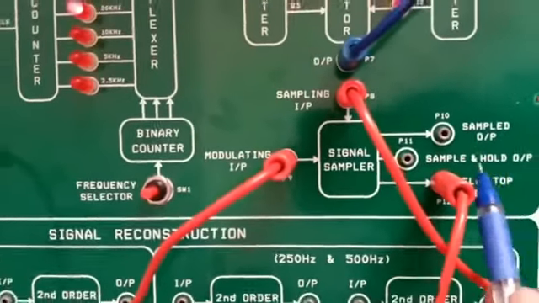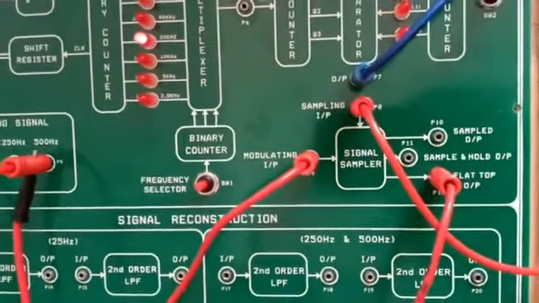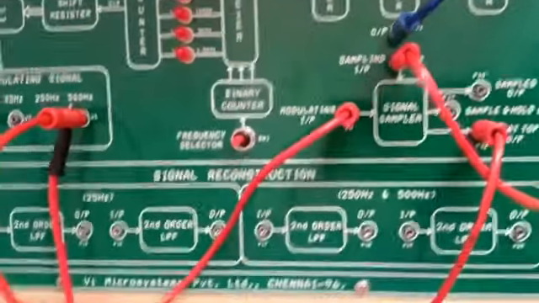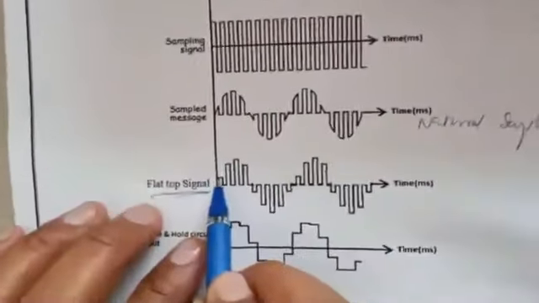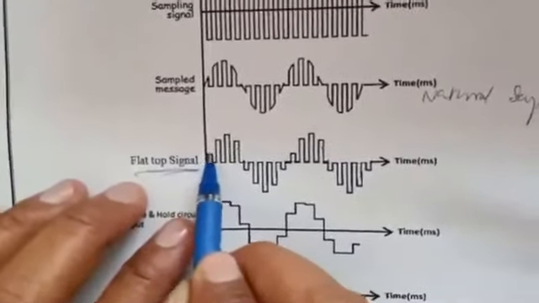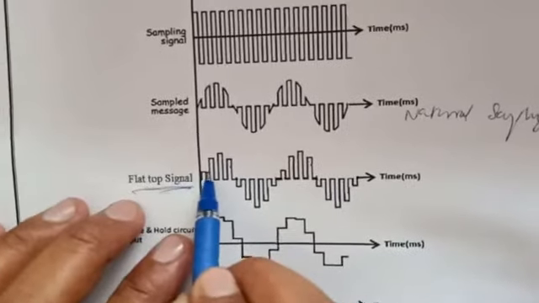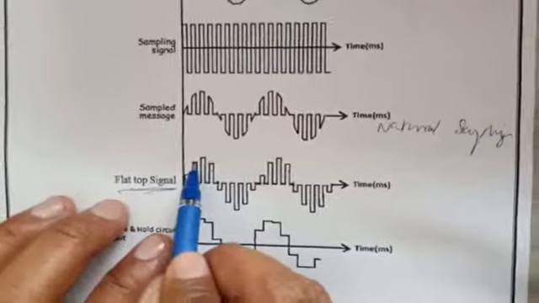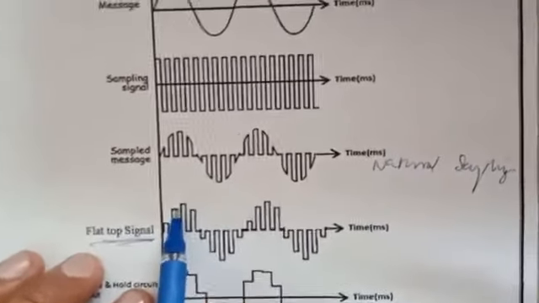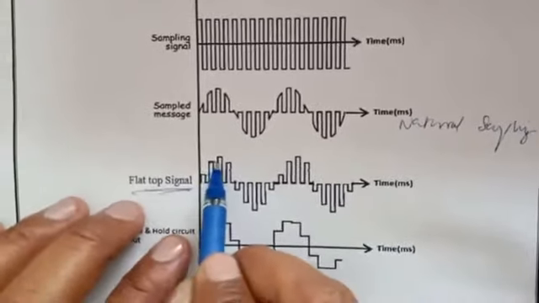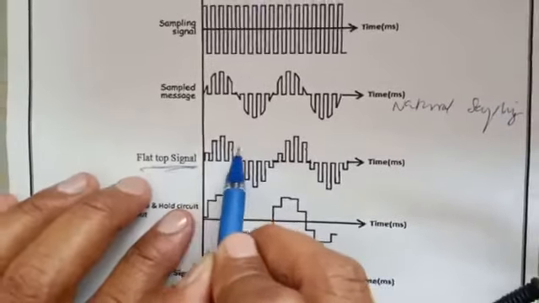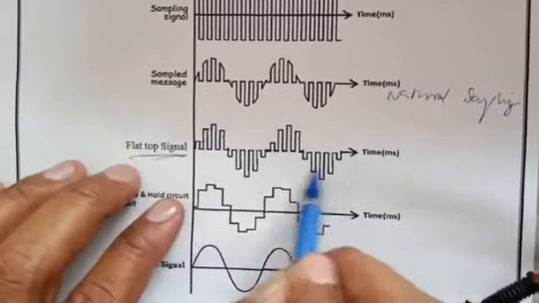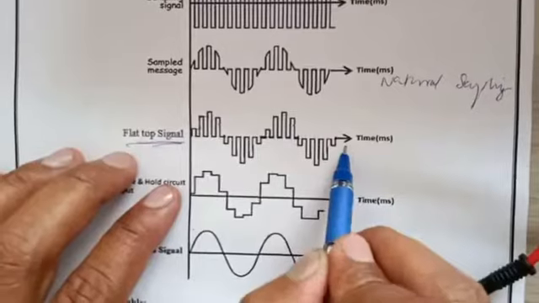It takes the sample and holds the value until the next sample arrives, so you get a staircase waveform. Once it takes the sample, it maintains that value until the next pulse. Similarly, it then takes the next sample and holds that value until the next pulse. In this way you get the flat top output. This is flat top sampling.